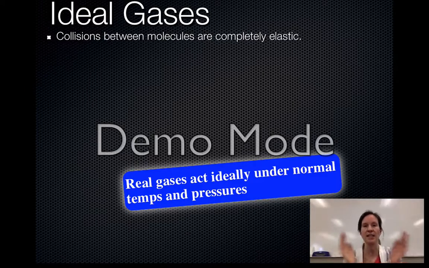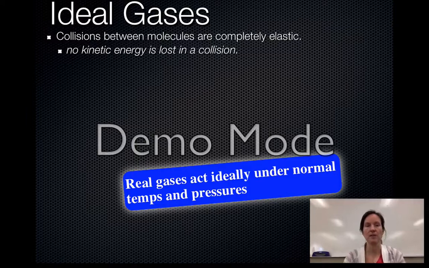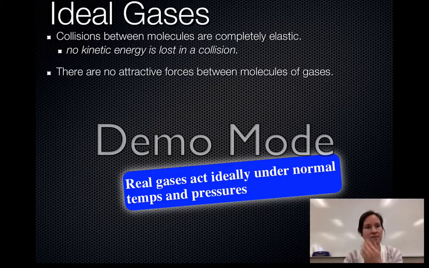Okay, so for gases, they hit and bounce off, which is elastic. Inelastic means they hit and stick. So that means no energy is lost in the collision. Energy might be transferred. So if you hit one thing onto another, that might go forward like a pool ball. You hit one ball into the other one, that might accelerate that new ball forward, but the balls don't break, or they don't stick to each other.